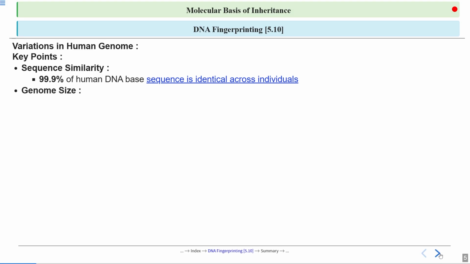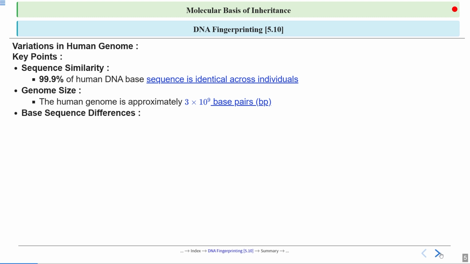Then the genome size is 3 into 10 to the power 9 base pairs.